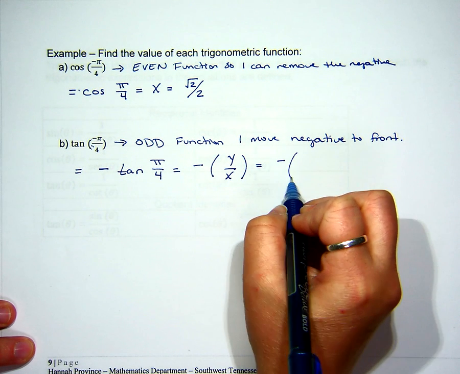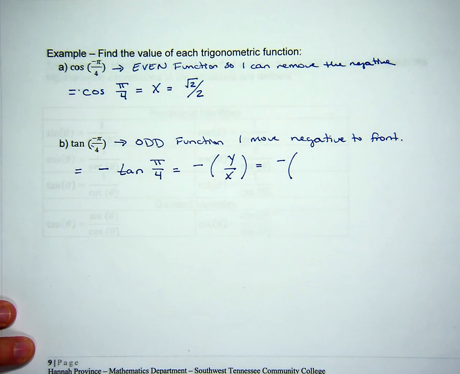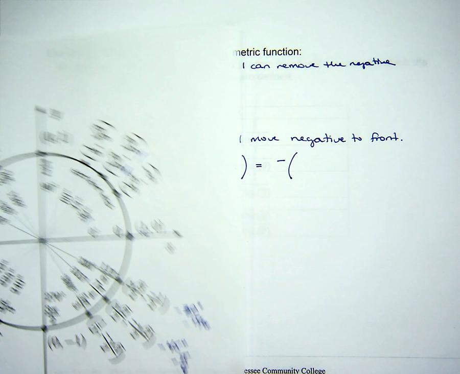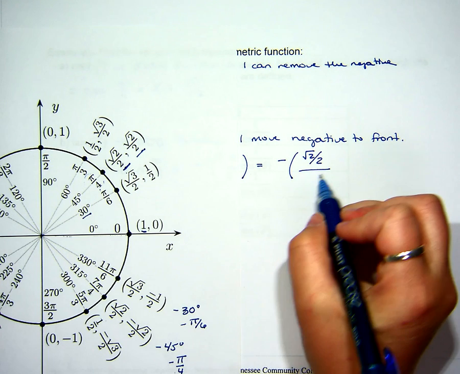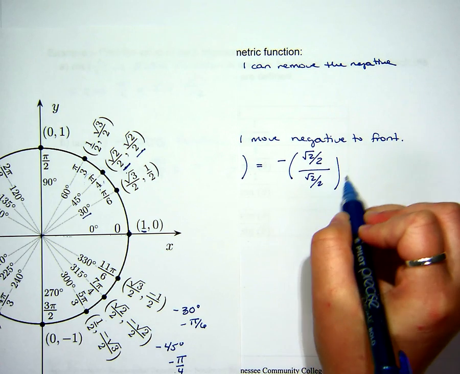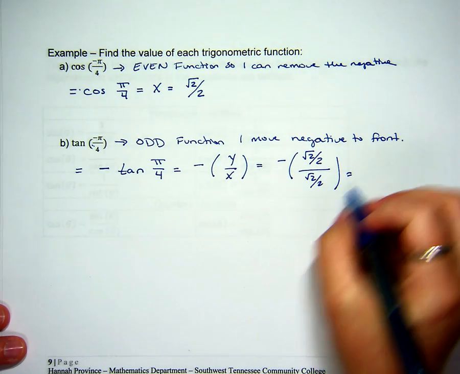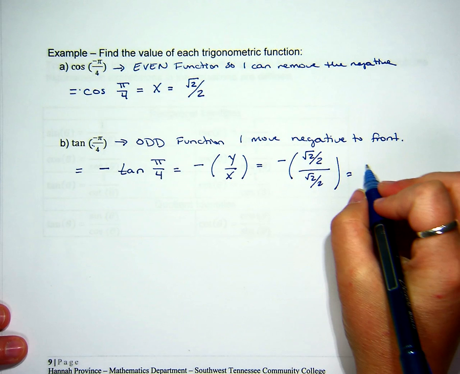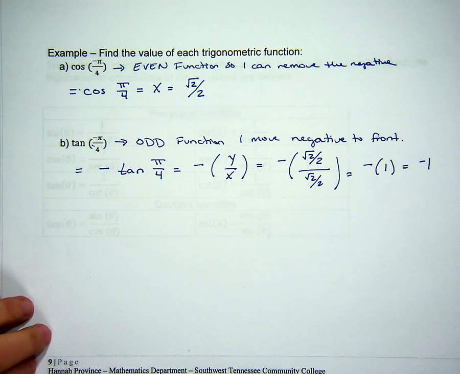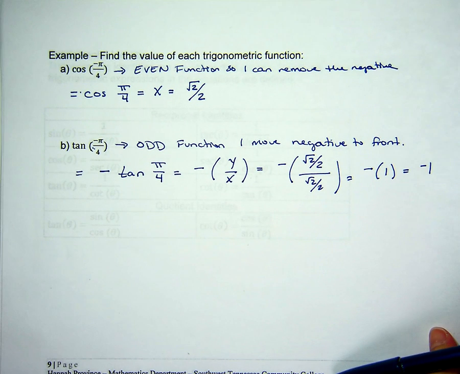I go and I look at what pi over 4 is. Here's pi over 4. The y is square root of 2 over 2. The x is square root of 2 over 2. So that means that I'm going to get negative 1. Very good. Okay.